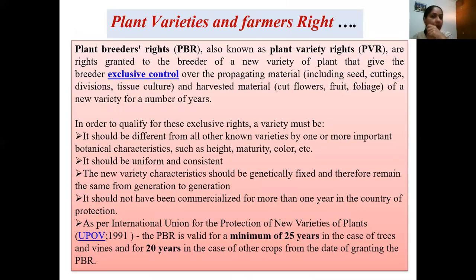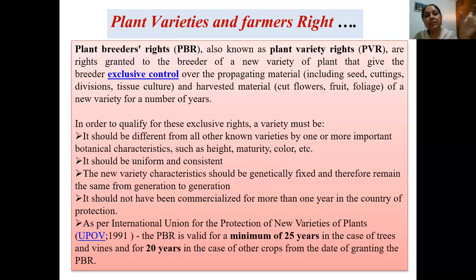Very important IPR is plant varieties and farmers' right. Plant varieties or plant breeders' right, also known as plant variety right or plant breeders' right. These are the rights which are granted to the breeder of a new variety of plant. This is altogether different right, especially taking care of the new plant varieties which come. So you give right to the breeder of that new plant variety.